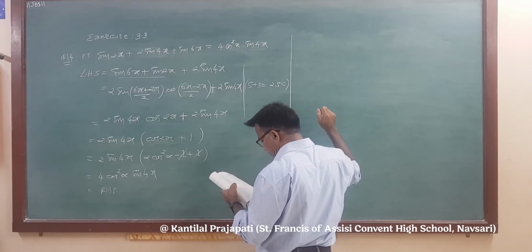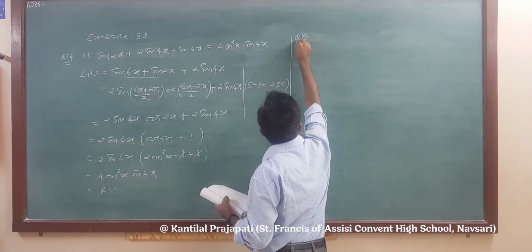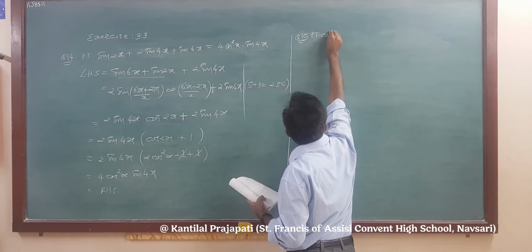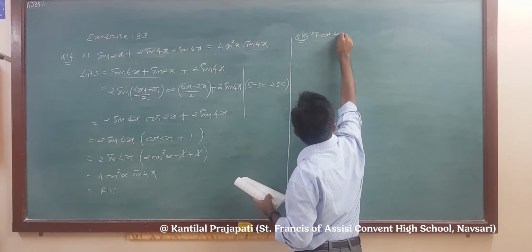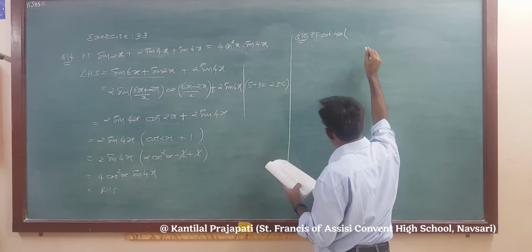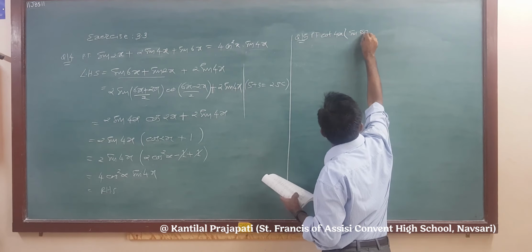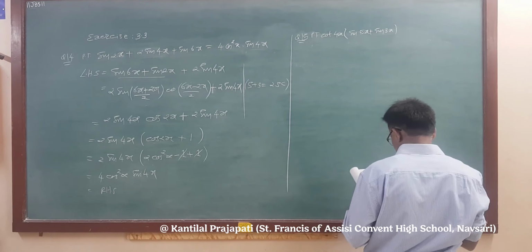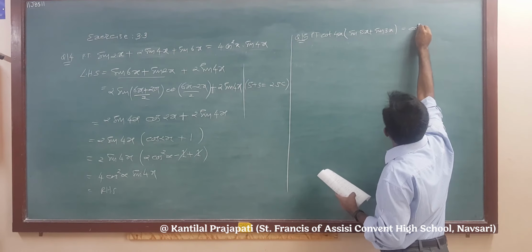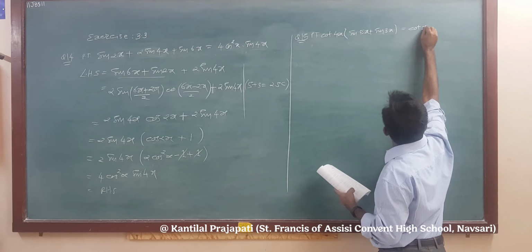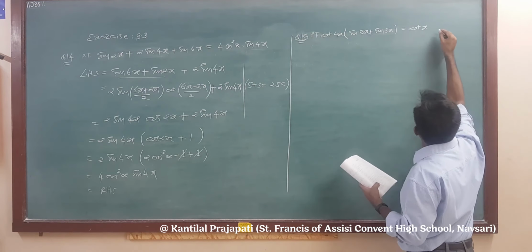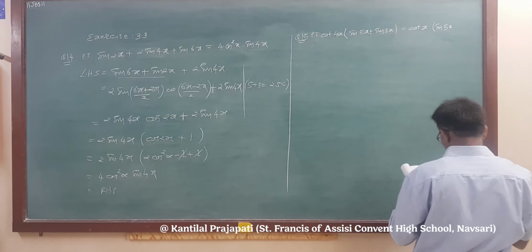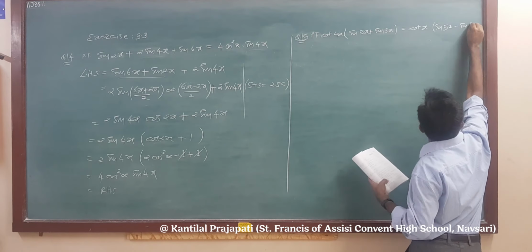Now see question number 15. Prove that cot 4x into sin 5x plus sin 3x is equal to cot x into sin 5x minus sin 3x.